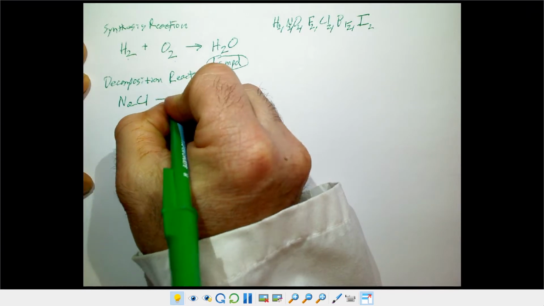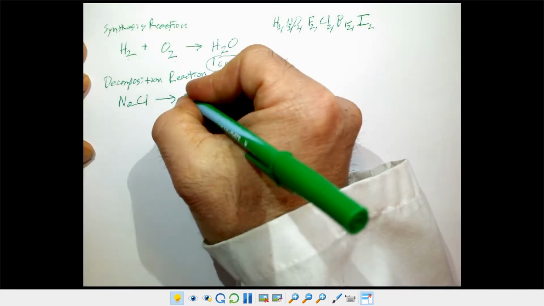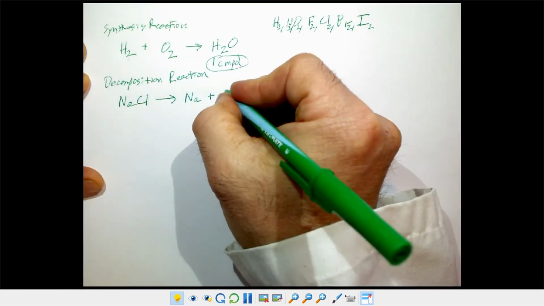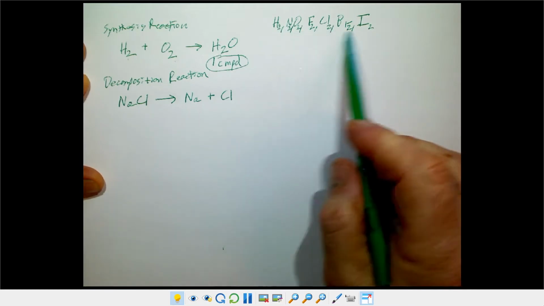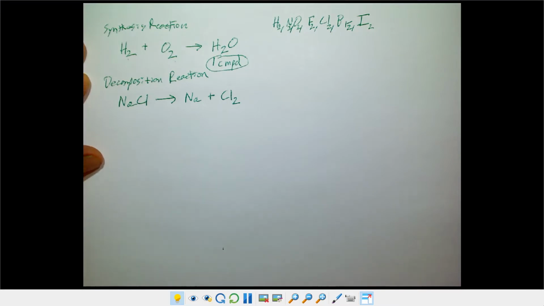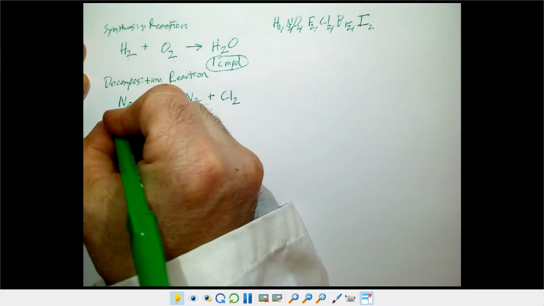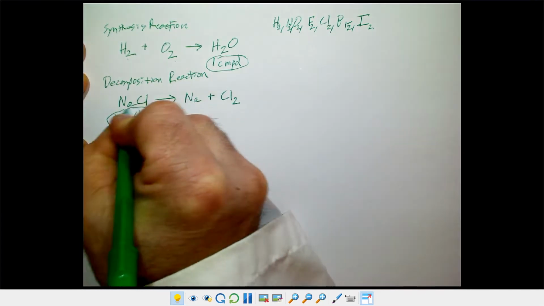If you put an arrow after it, you can break it down into its individual elements: sodium, and another element, chlorine. Now, if you notice, chlorine is one of these diatomic elements, so I'm going to put a little 2 after it. And again, you have one compound that you're starting with. That's the pattern that you want to look for.